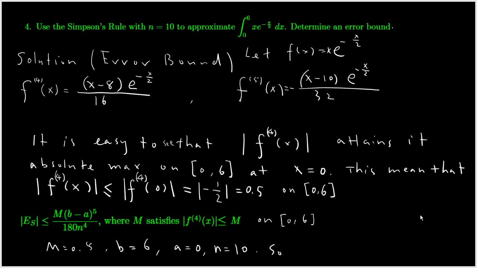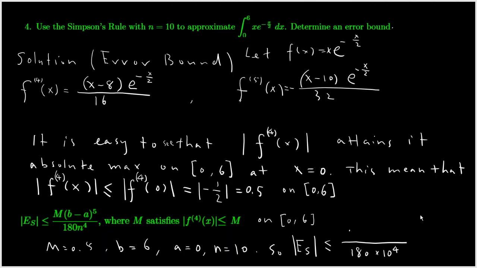So the absolute value of the error using Simpson's rule is less than or equal to 180 times 10 to the power of 4 on denominator.